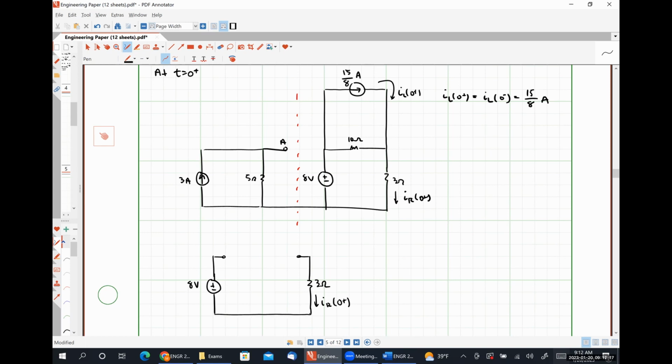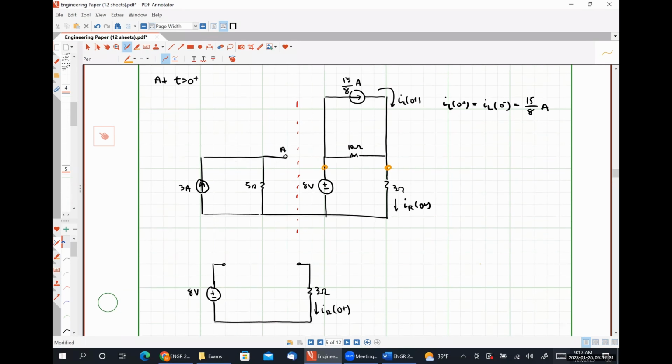Just for the sake of argument, I'm going to draw some terminals here so that it's very explicit what we are transforming and replacing with. So a 15/8 of an amp current source in parallel with a 10 ohm resistor is going to look like 150/8 volts in series with a 10 ohm resistor.